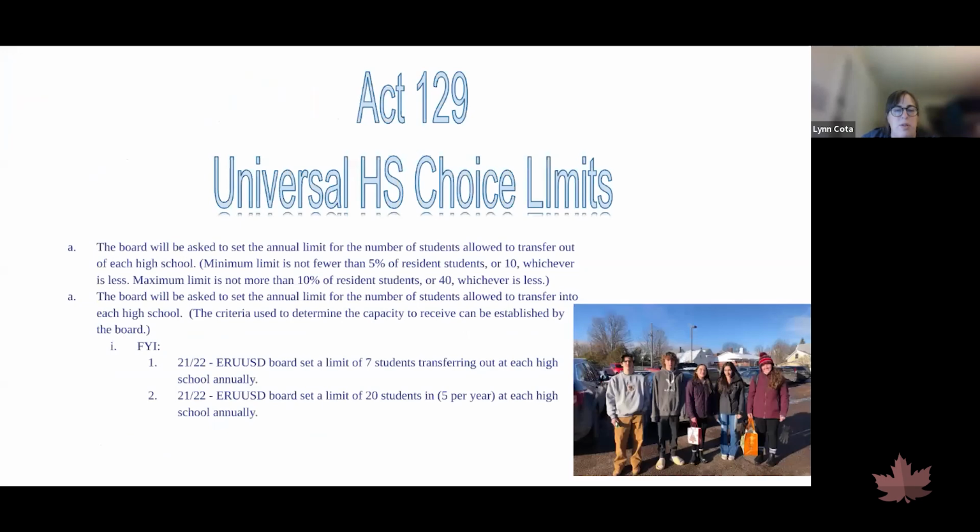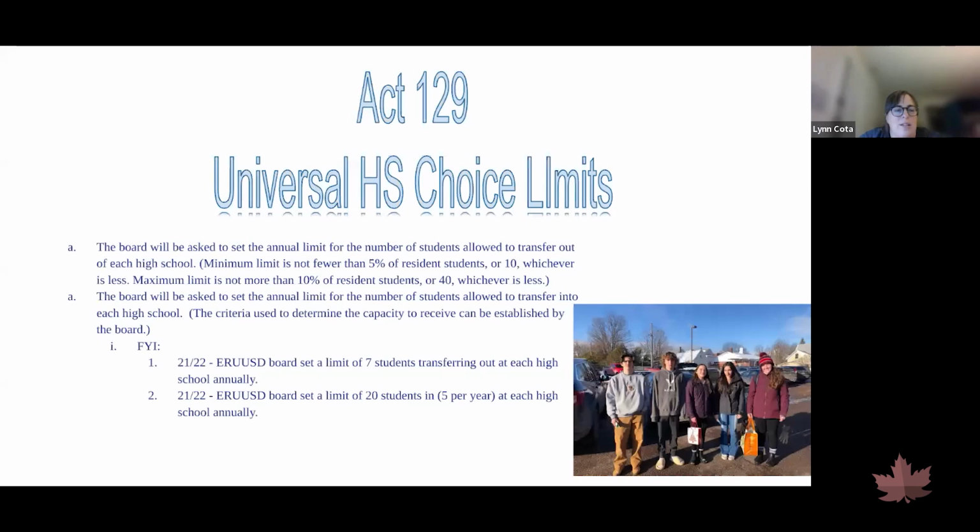This is the month each year that we talk about Act 129, Vermont's Universal High School Choice law. Each year you need to set limits for universal high school choice. There are 2 numbers to think about, and because we seem to struggle with this each year, I've spelled it out here.